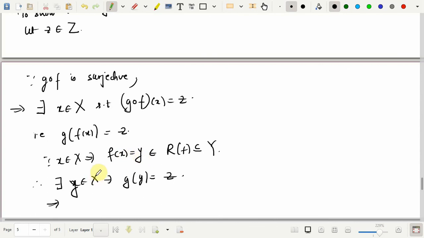There exists y in Y such that G of y is equal to z, and this implies that G is surjective.